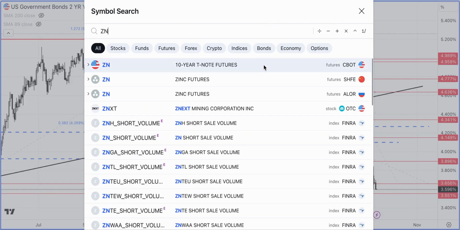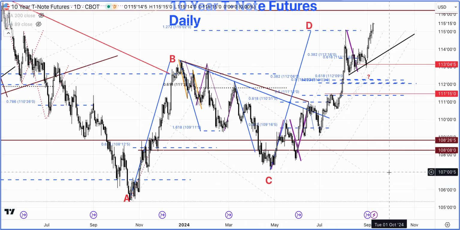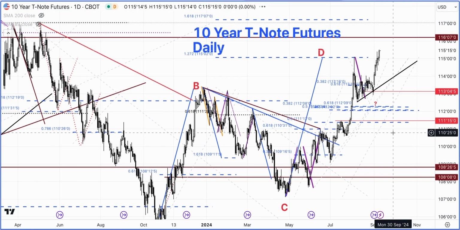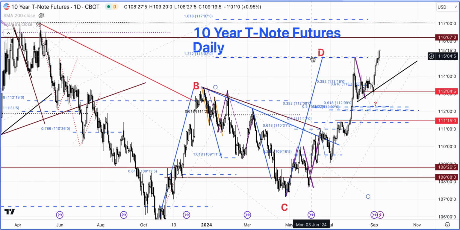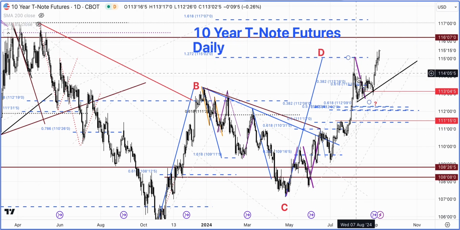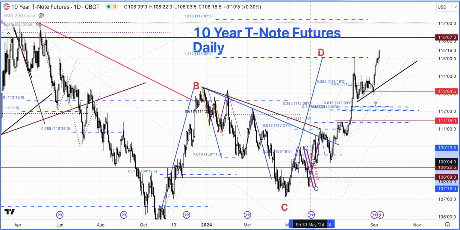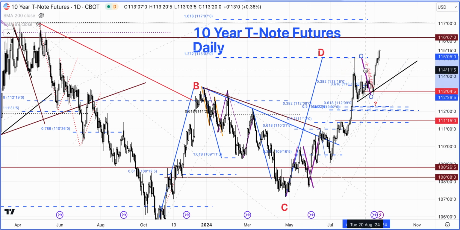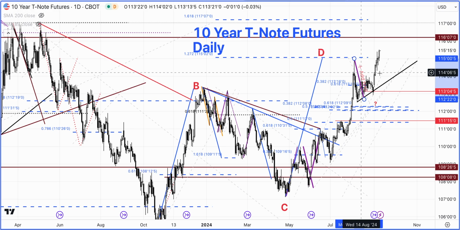Really interesting price action took place in the 10-year treasury note. Here we go. The 10-year treasury note had completed this big ABCD pattern, and then it retraced lower, exactly to how much it had retraced back in the month of May, and it completed that.